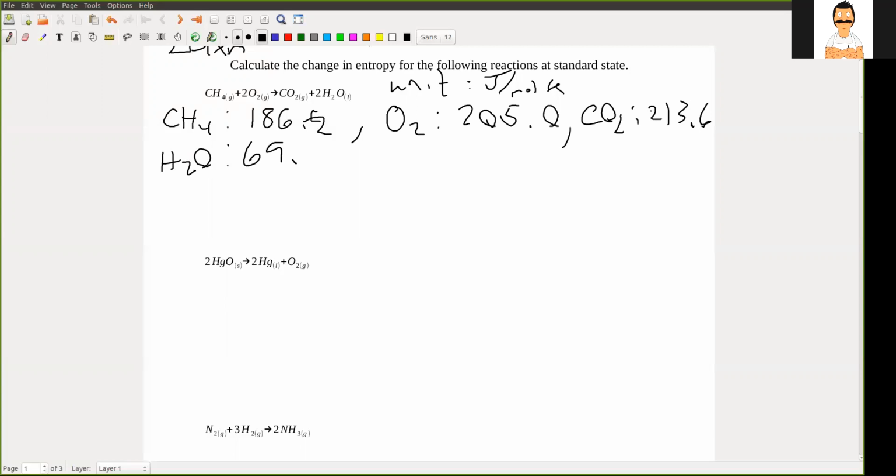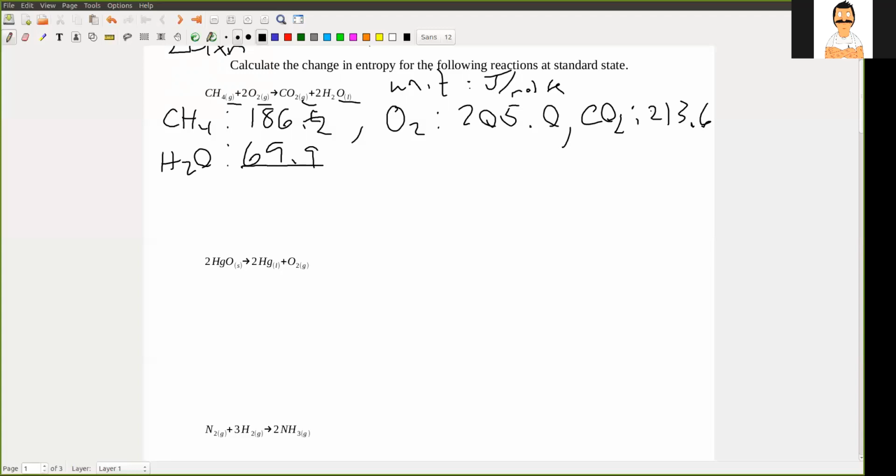Now, these numbers are all taken from the appendix, but please note what the state of each species is. There is a different entropy for gaseous water or water vapor than for liquid water. So this is the value for liquid water.